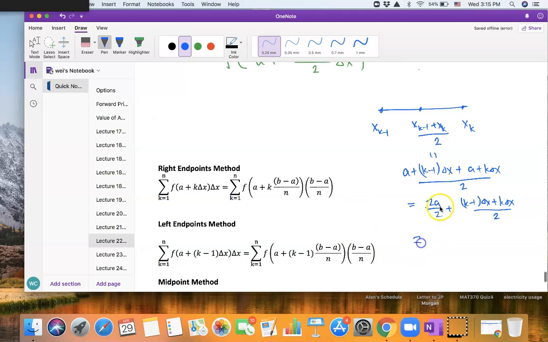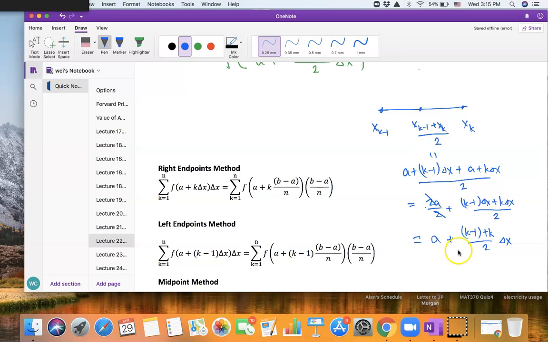And 2a over 2 is a. For the second term, if we factor out delta x, we have ((k minus 1) plus k) over 2 times delta x.